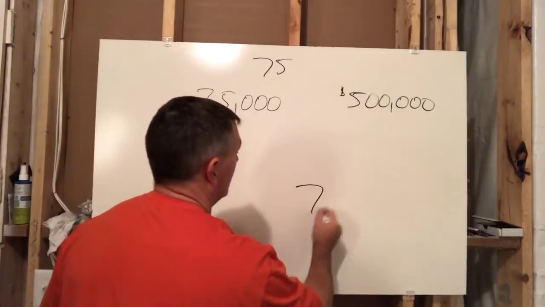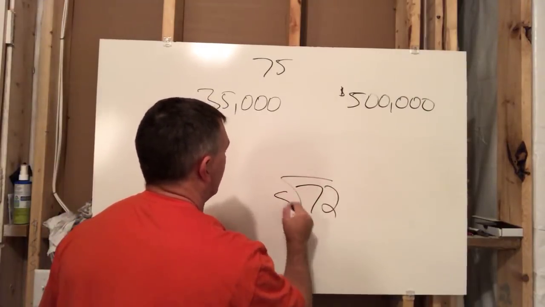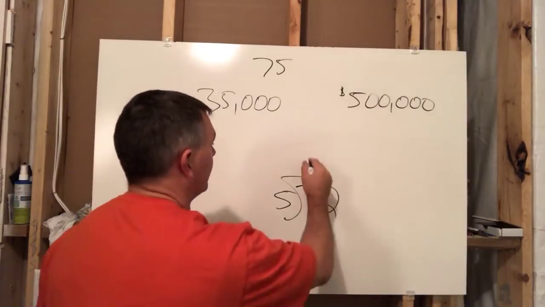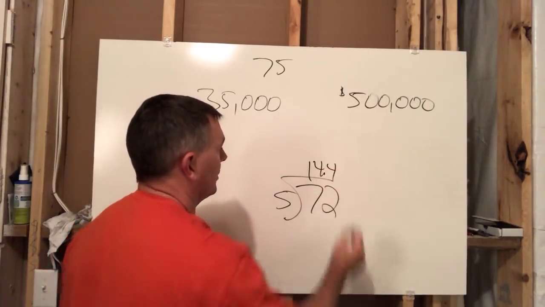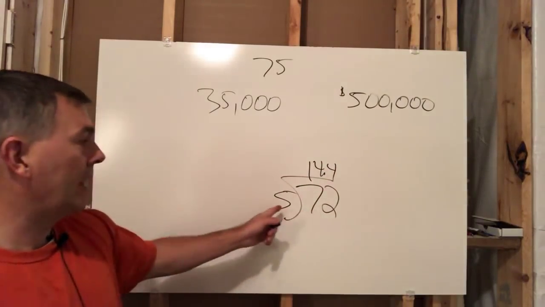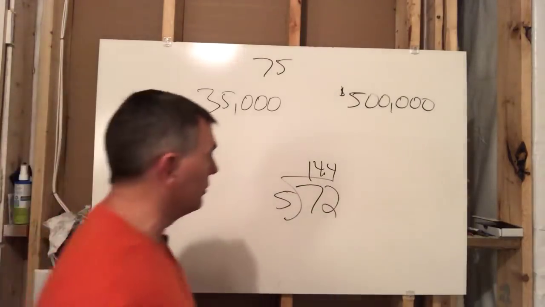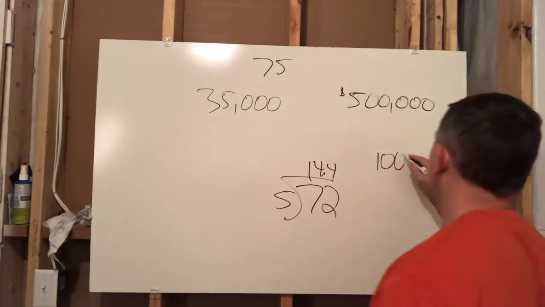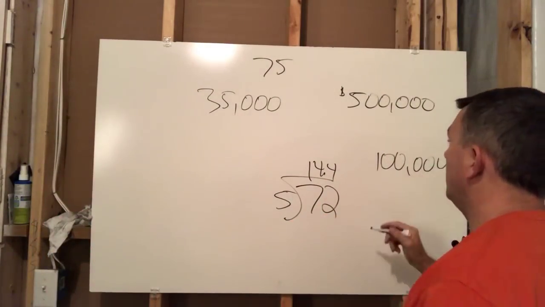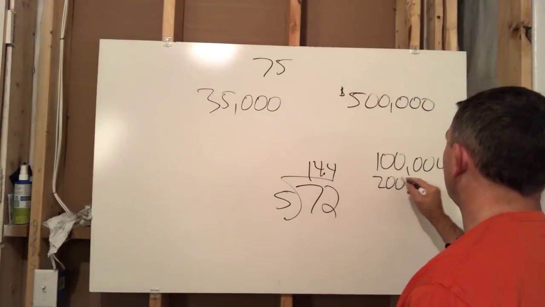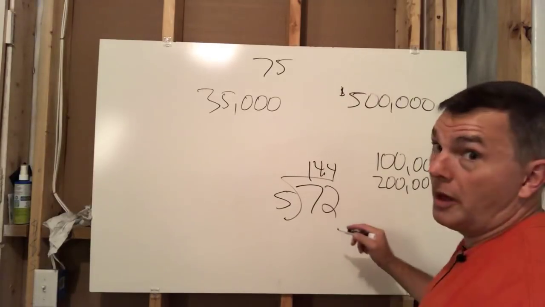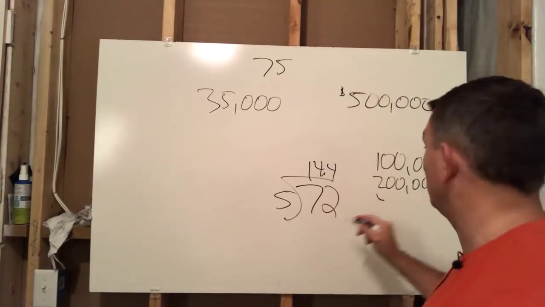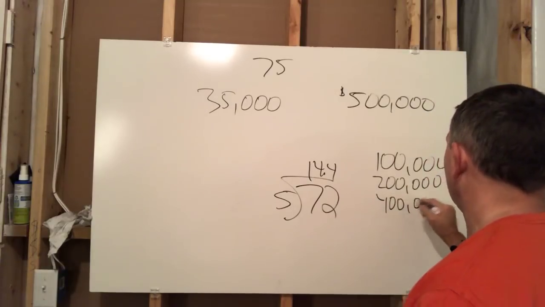So rule of 72, 5%. All right, now I know what this is, 14.4. We'll just say 14 years. So 72 divided by 5 is 14.4 years, which means $100,000 in 14 years will be worth $200,000. And in 28 years will be worth $400,000.